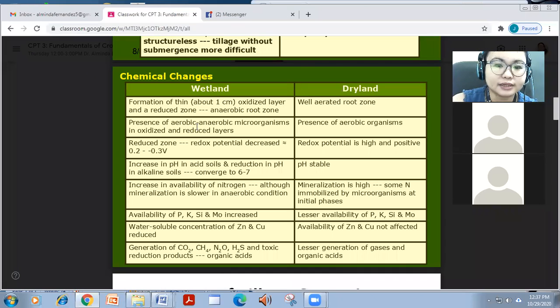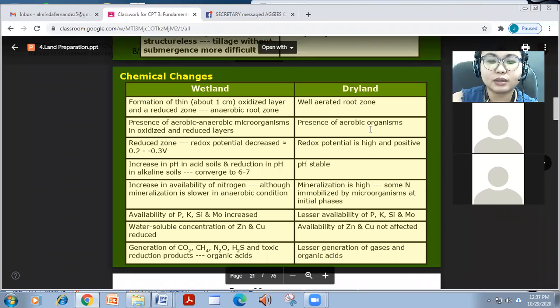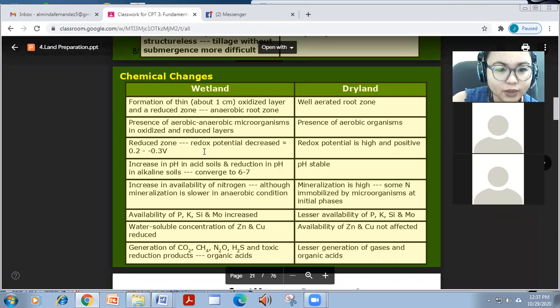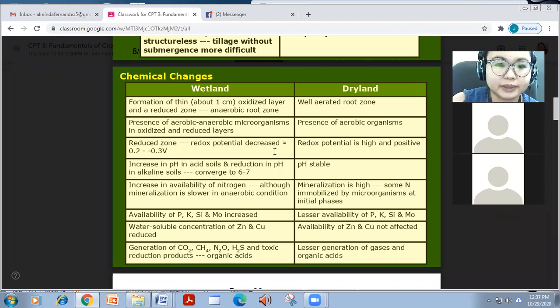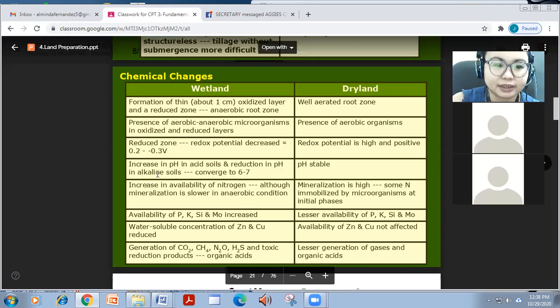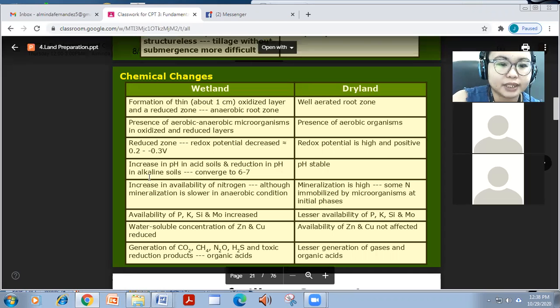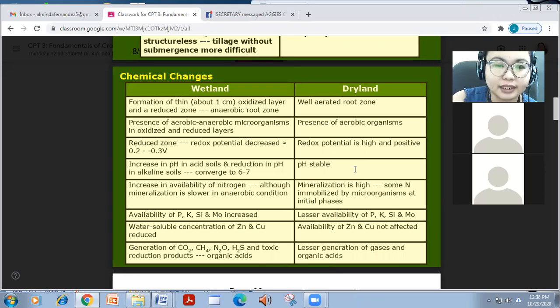Another is the presence of anaerobic or both aerobic microorganisms, while dryland only has aerobic organisms. Another is the reduced zone, where redox potential is decreased, while redox potential in a dryland is high and positive. The pH is also increased in acid soils and reduced in alkaline soils. But in a dryland, usually the pH is stable. If acidic, it stays acidic.